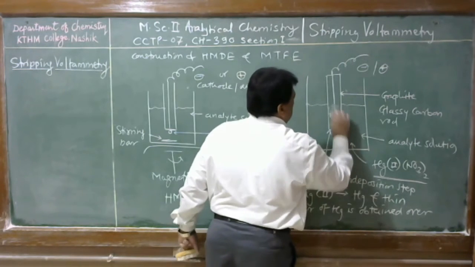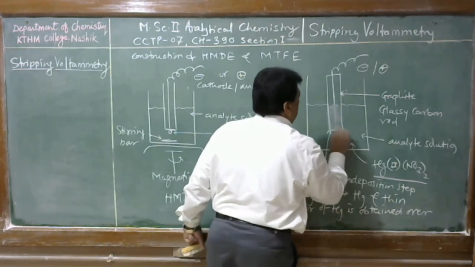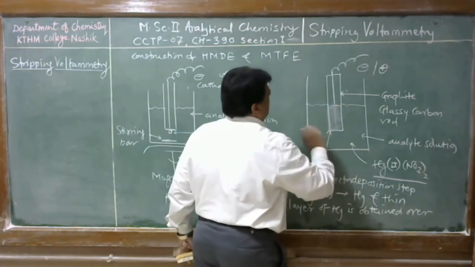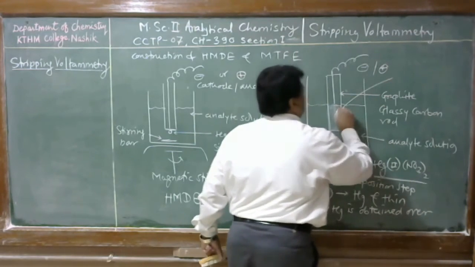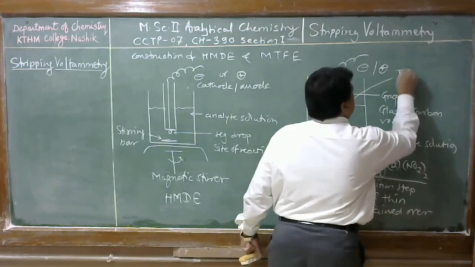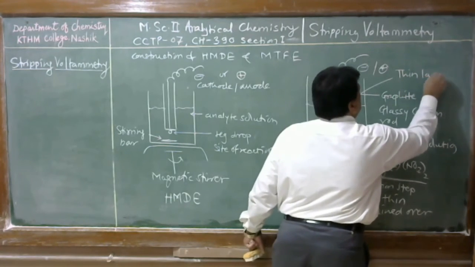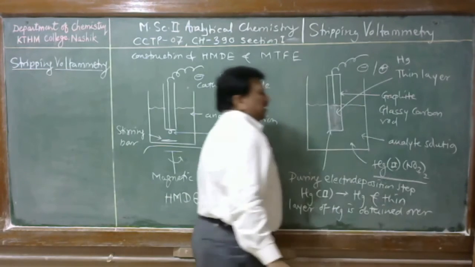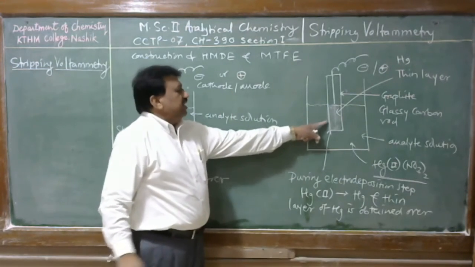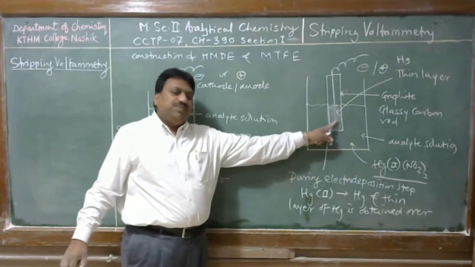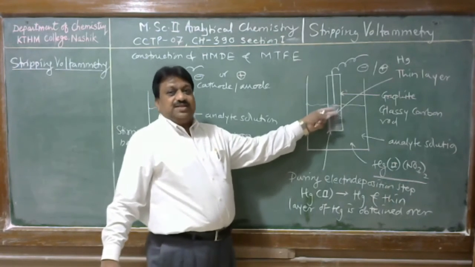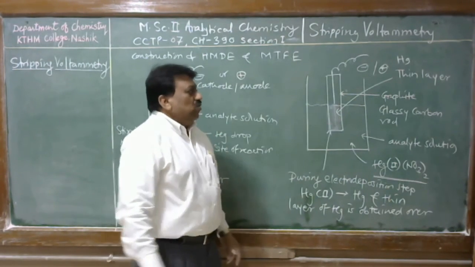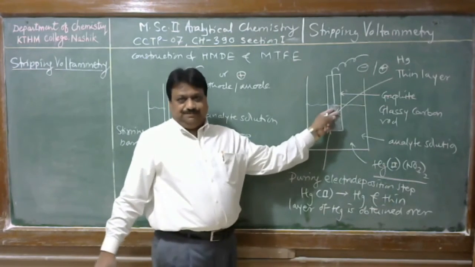Therefore, a thin layer of mercury, a mercury thin film, is generated on the surface of this graphite rod, which gives more surface area.